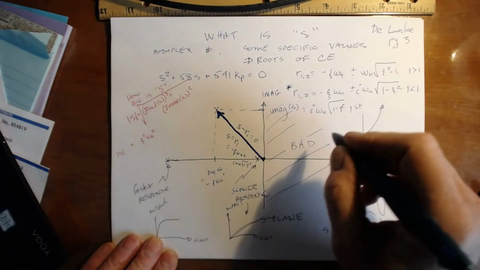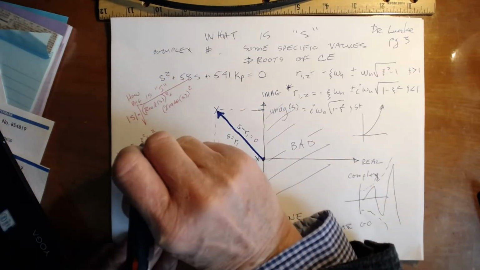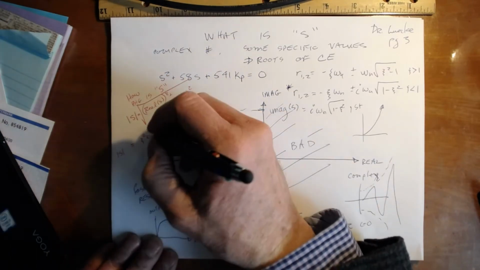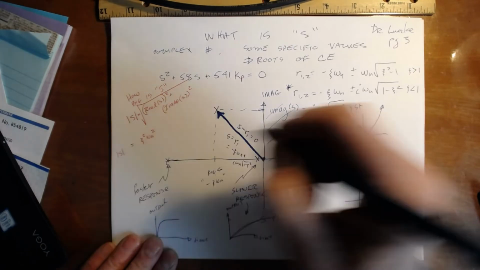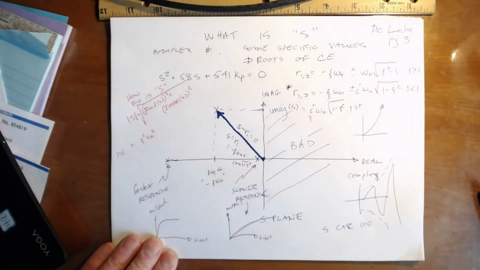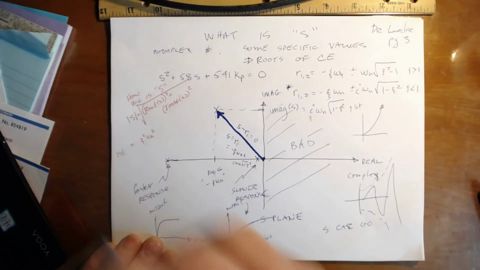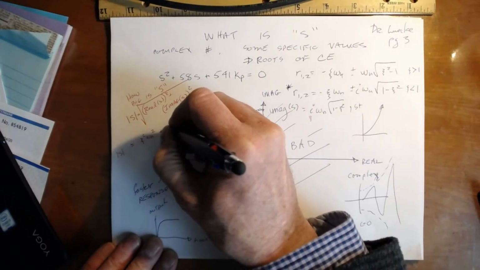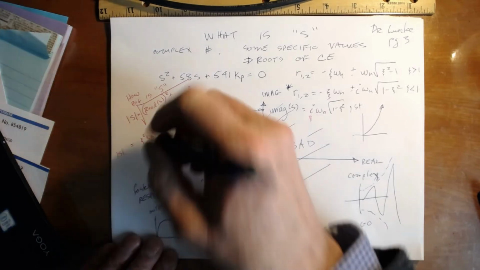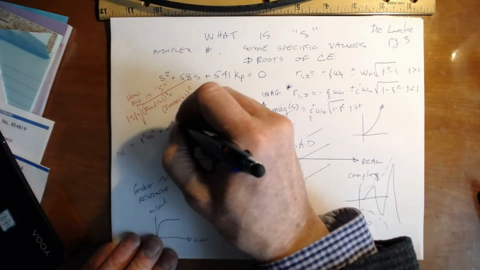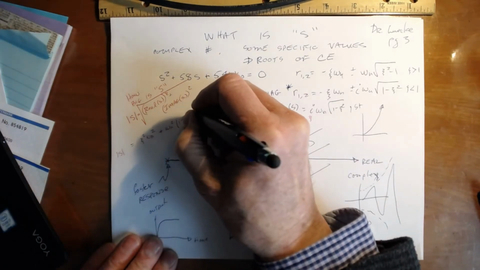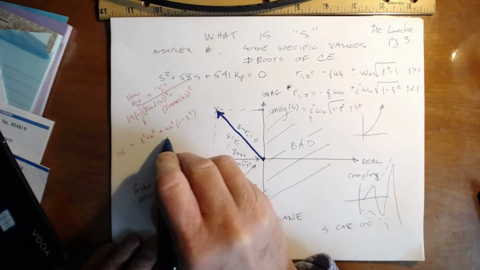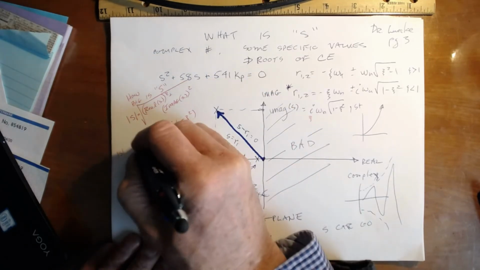And the imaginary part, we're not worrying about the i part here because we're just looking at the magnitude. So that's going to be plus omega n squared times 1 minus zeta squared. I squared the omega n and squared that part, and now we have to take the square root.